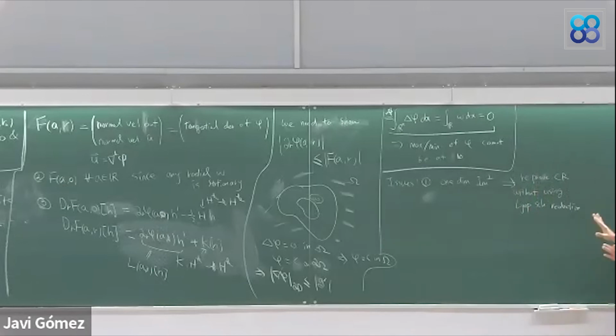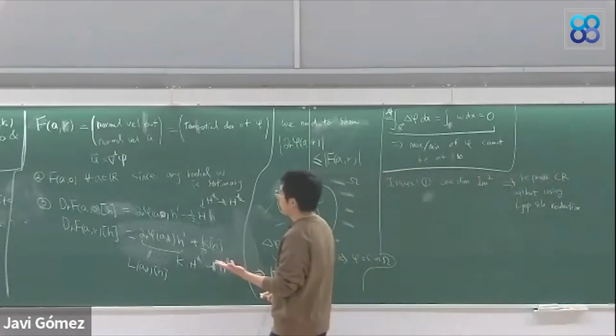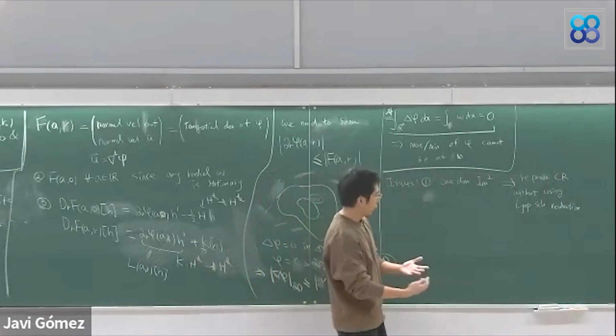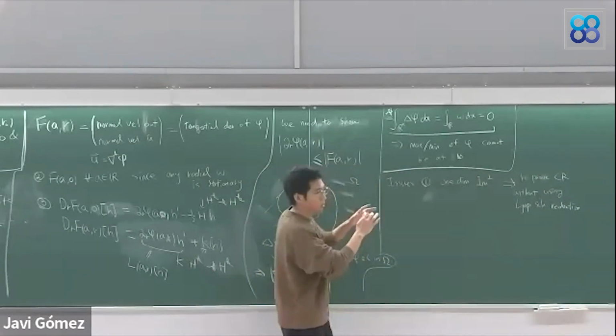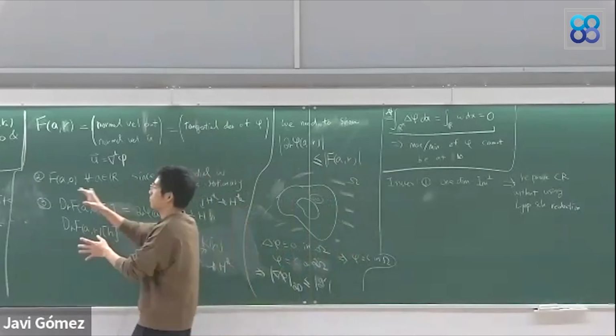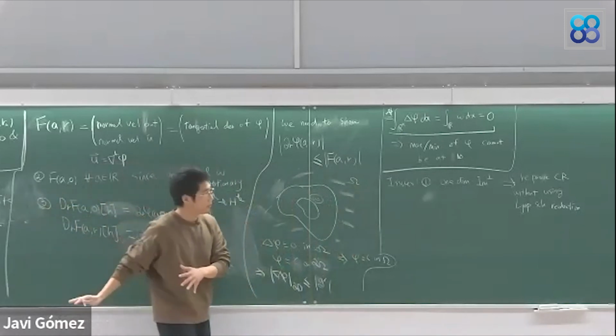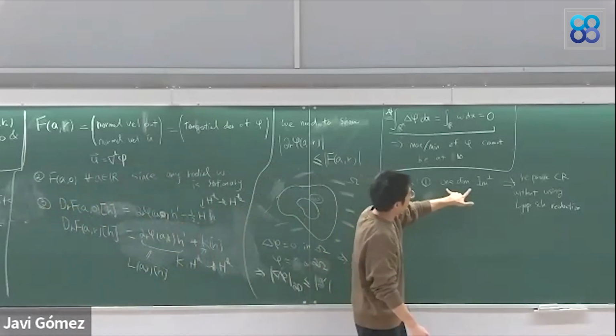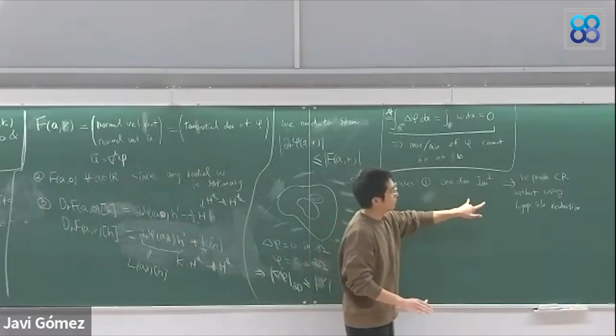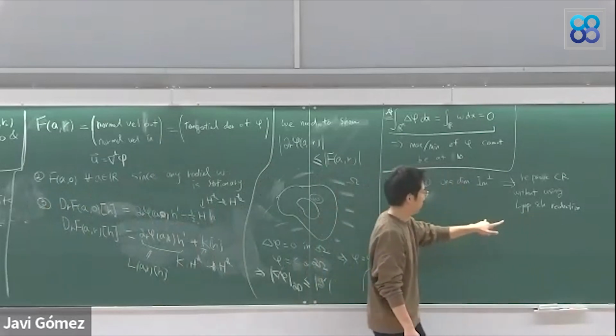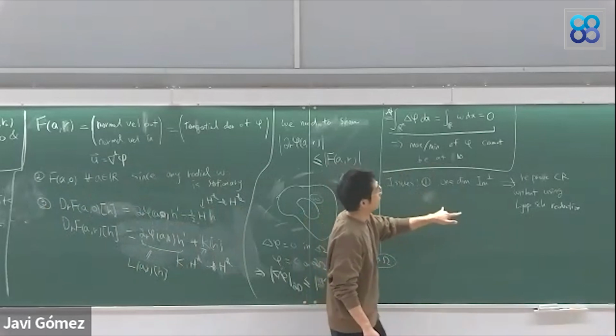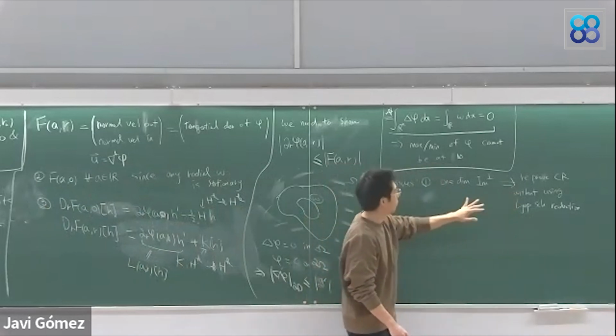For those of you who forgot what the Lyapunov-Schmidt reduction is, if the linearized operator has a one-dimensional kernel and finite-dimensional image part, then we can reduce this infinite dimensional problem to a finite dimensional problem. But because we can't have a finite dimensional image part, we cannot do this Lyapunov-Schmidt reduction. So we are going to prove this without using that technique.